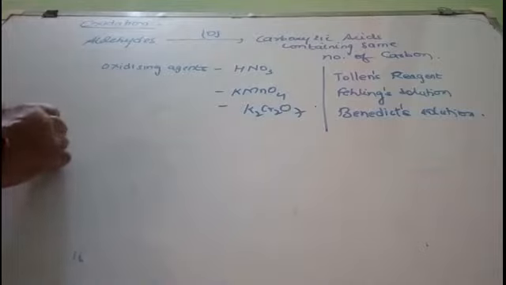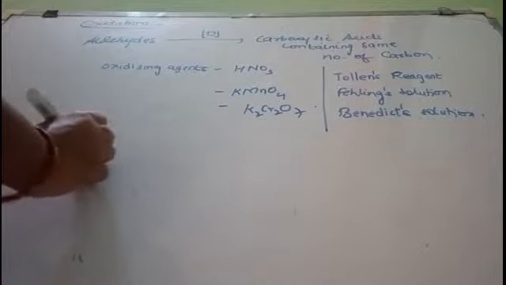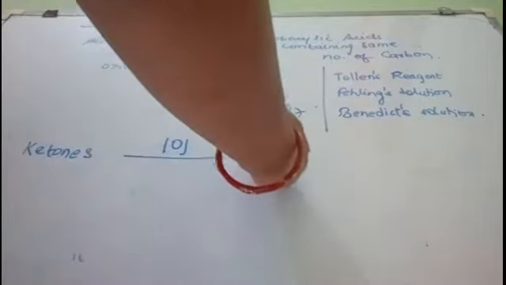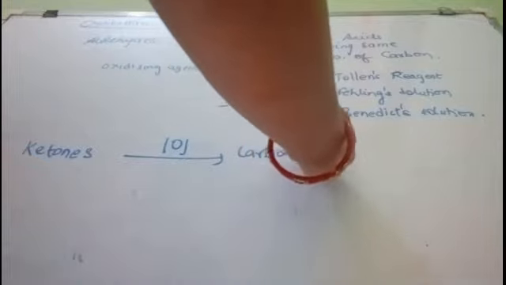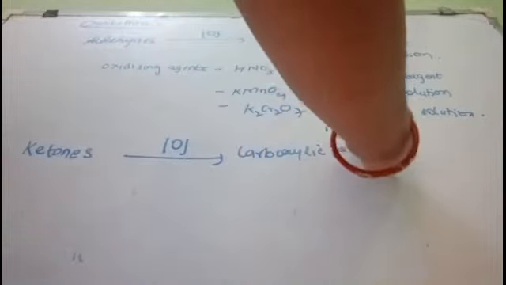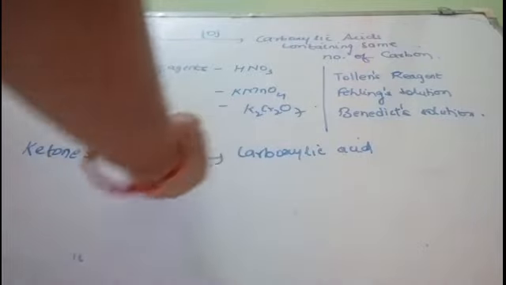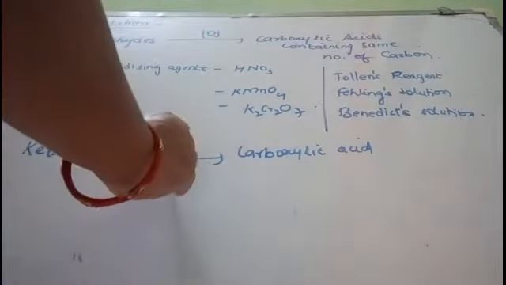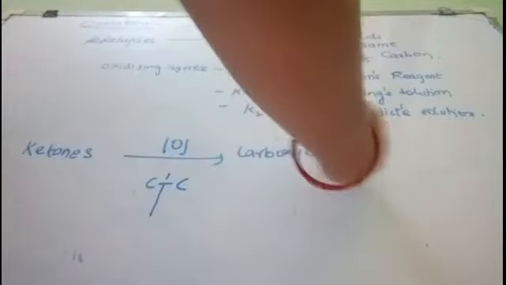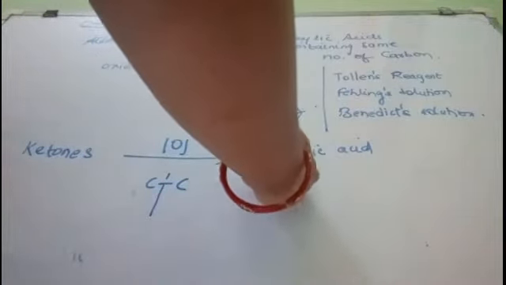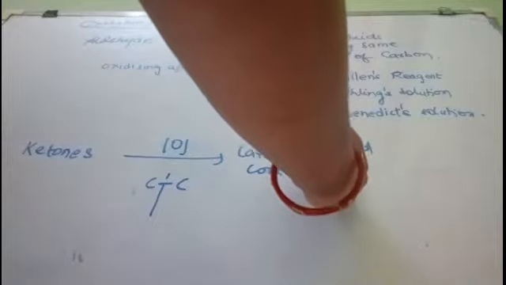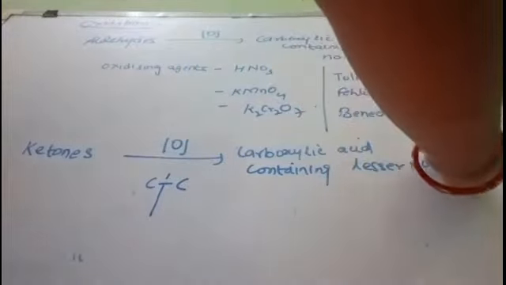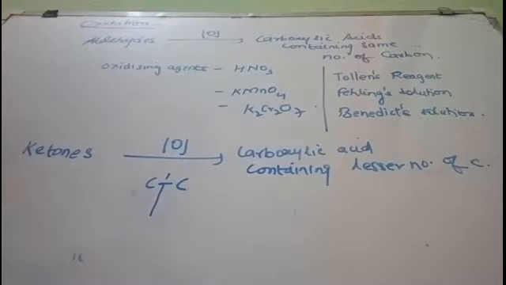Whereas in the case of ketones, oxidation takes place and we get carboxylic acids, but here the carbon-carbon bond is also broken, and the carboxylic acid formed contains a lesser number of carbons, right?